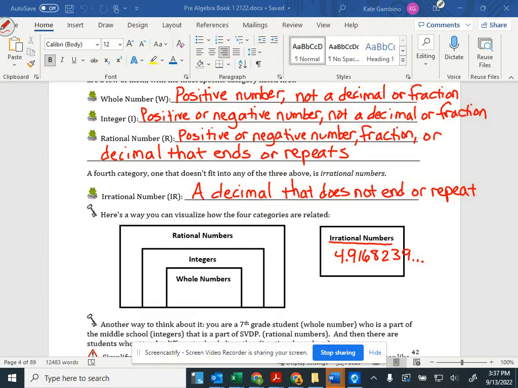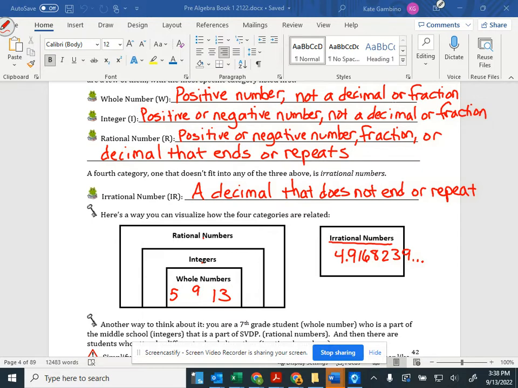So now let's look at our rational numbers, integers, and whole numbers. If it is a whole number, it can be any positive number, so 5, 9, 13, those are positive numbers. They are whole numbers. If it is a whole number, it is also an integer and also a rational number because it falls into those boxes.